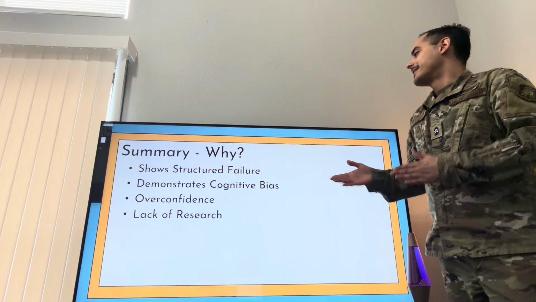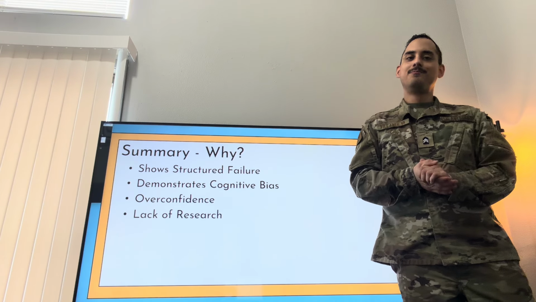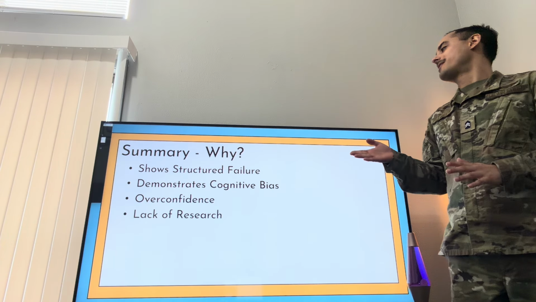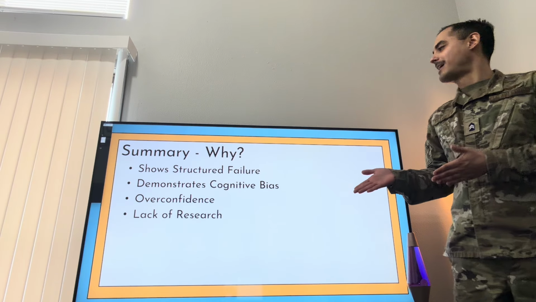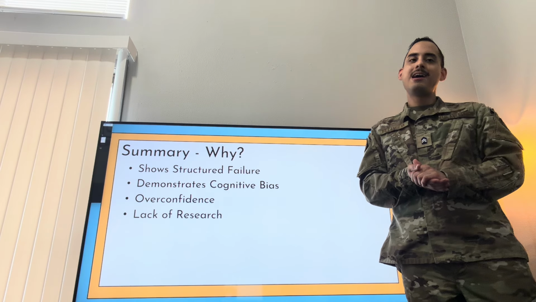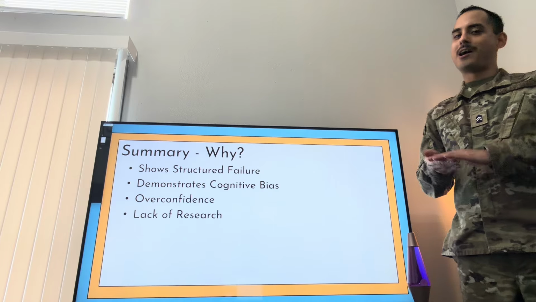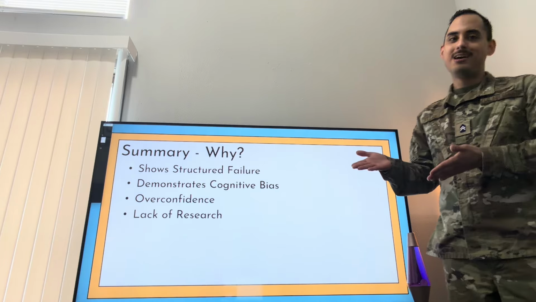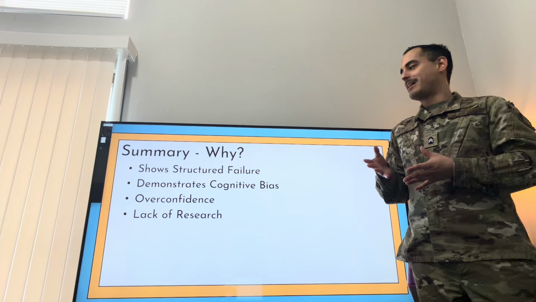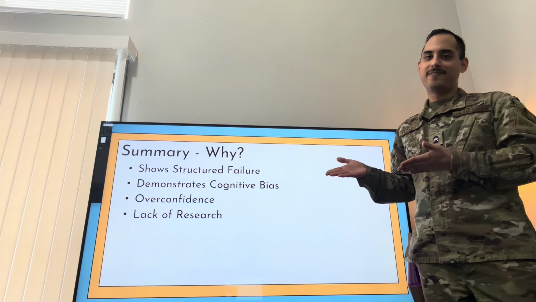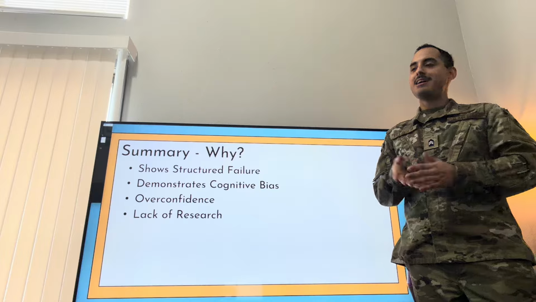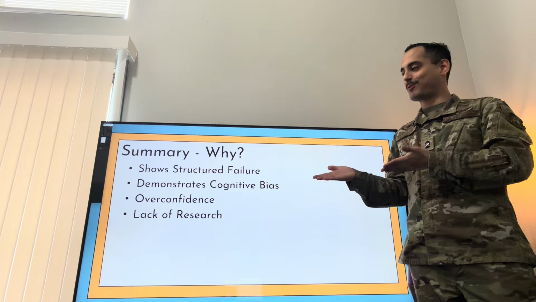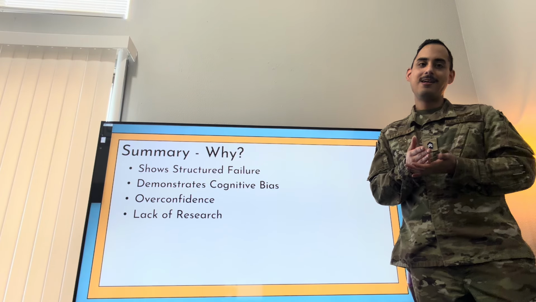So, in summary, we talked about the OODA loop and the 8-step problem-solving method process and how the gang utilized that, and also why this episode works well as a case study and how it shows structured failure. This is important because every step in this process exists for a reason.